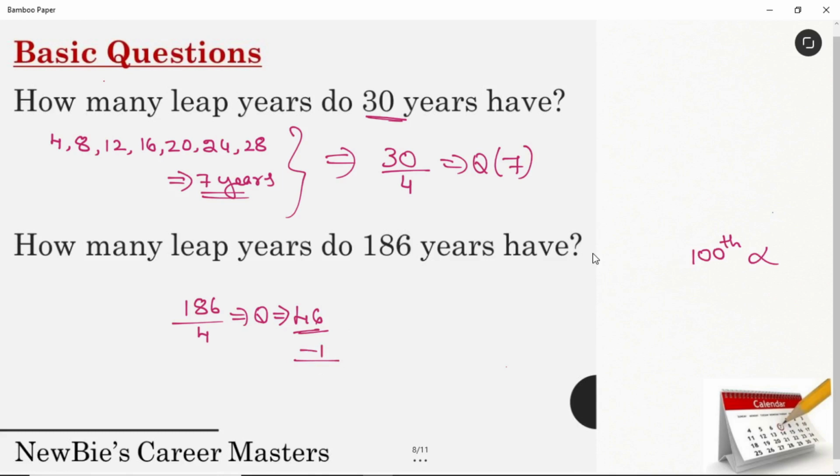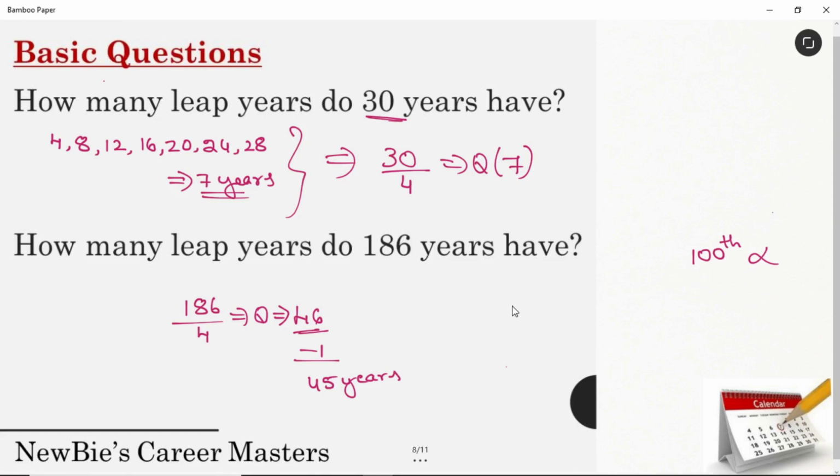You are removing the 100th year from the leap years list. So the final answer is 45 years. Out of 186 years, 45 years are leap years. The remaining are ordinary years. Simple. You have to use a similar approach, but while giving the last answer, concentrate on century years.